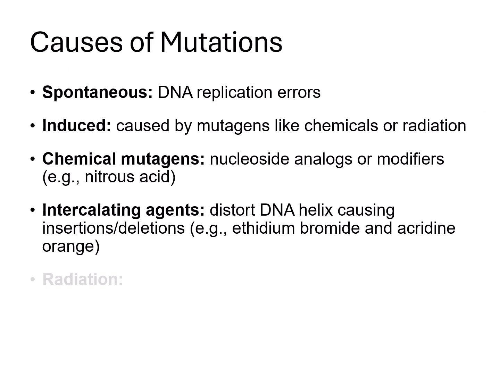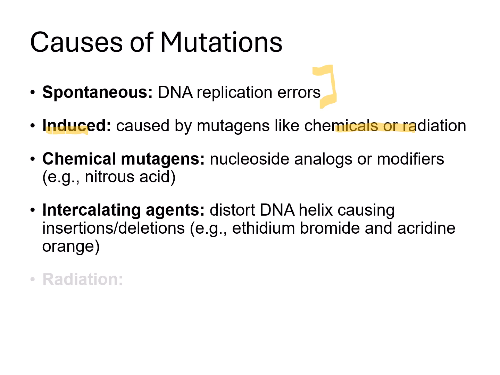So what causes these mutations? It could be spontaneous through DNA replication errors, but that is pretty rare because the error rate of DNA polymerase is something like 1 per a billion base pairs. So most commonly it's through mutagens, and mutagens can be chemicals or radiation. So this would be induced mutations.